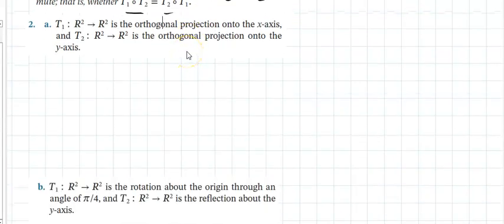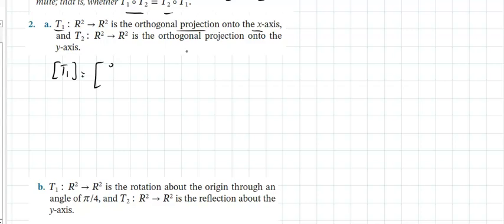Here on number 2, T sub 1 is a transformation from R2 to R2, the orthogonal projection on the x-axis, so T sub 1 is simply 1, 0, 0, 0.